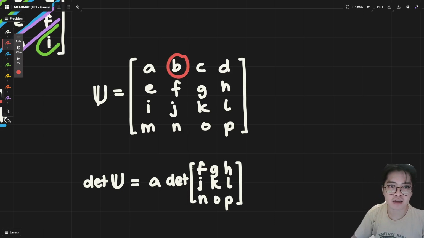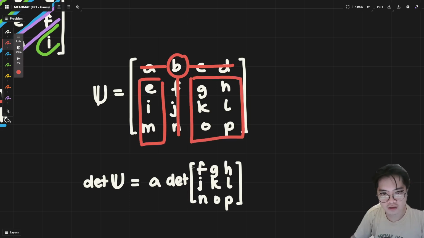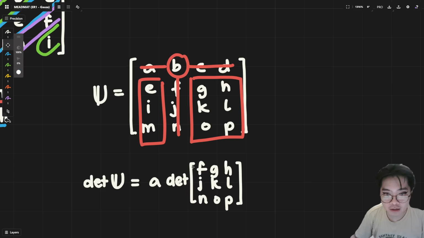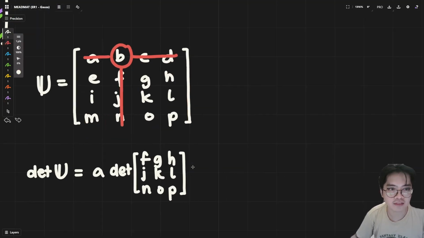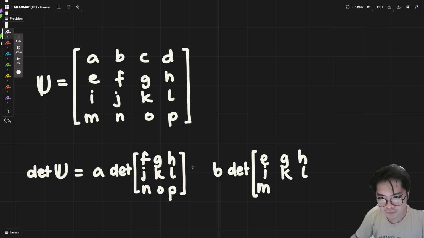B in here is at the first row, second column. You will now remove everything there and you will be left with EIM, GKO, HLP. If you stick them all together into one mini matrix, you will now do the same thing. B, and then the determinant of EGH, IKL, and then MOP.